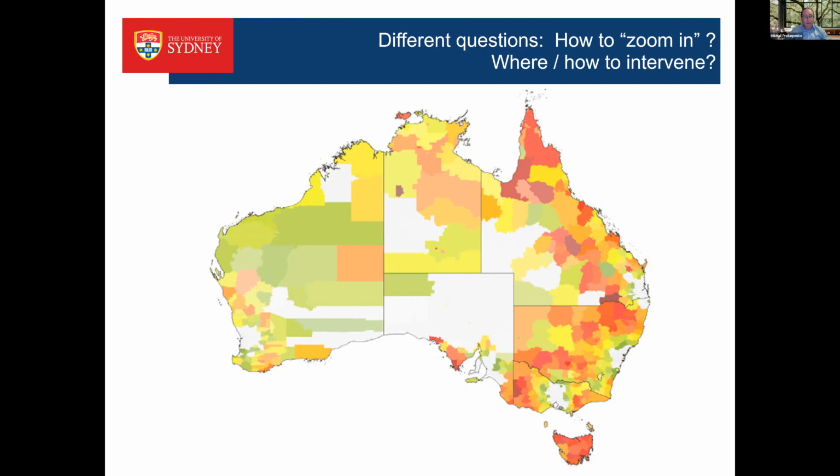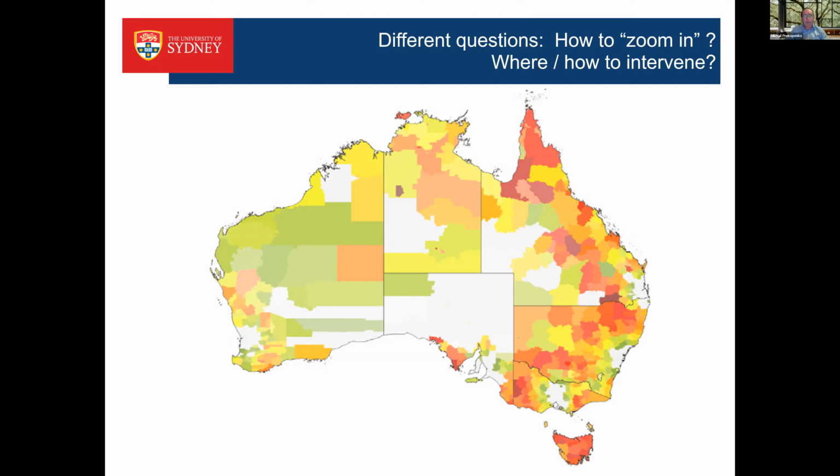Well, you could maybe model compartmental models in each of these areas and have a set of these models. But the further you zoom in, the more difficult it becomes to distribute it geospatially.